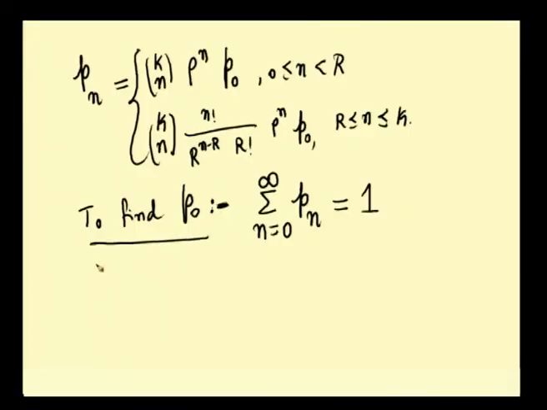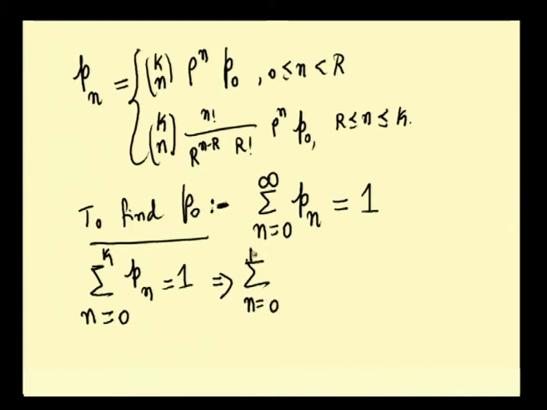So, we have this normalizing condition rewritten as sigma n equal to 0 to capital K P n equal to 1. This implies that, when you write the terms, this is summation n equal to 0 to R minus 1 P n plus sigma n equal to capital R to capital K P n is equal to 1.